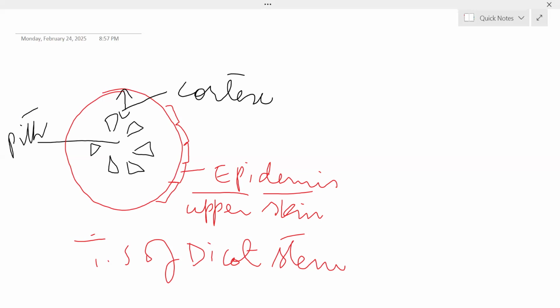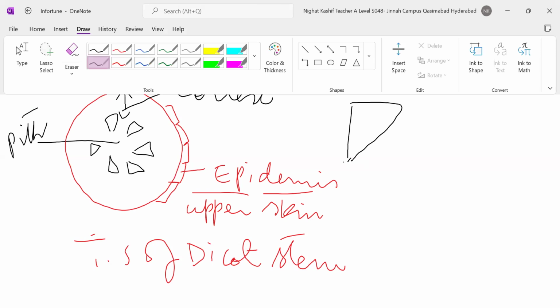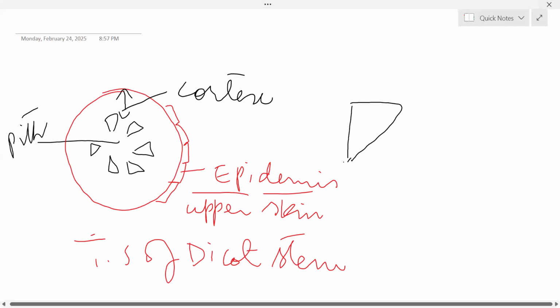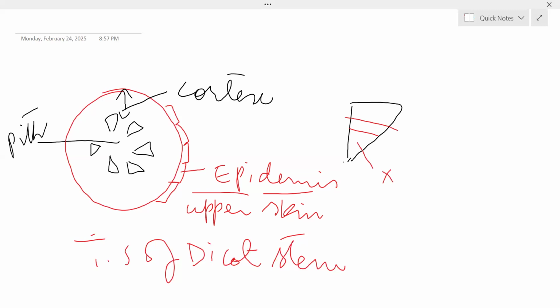When we talk about this vascular bundle, they are triangular shaped structures like this. The inner side of the vascular bundle, inward, like here, it is the xylem. Outward is the phloem. And in between them here, there is a cambium.